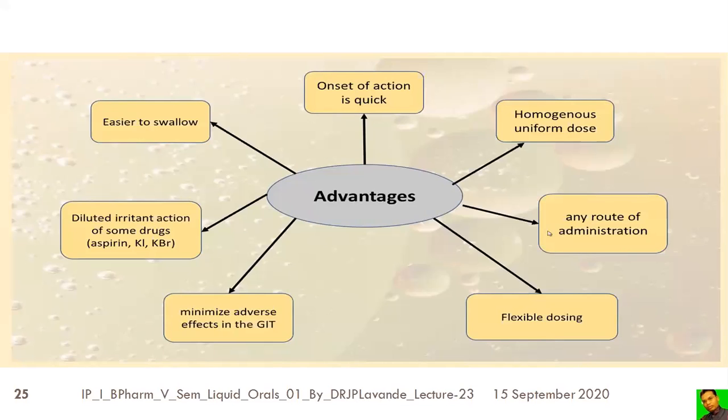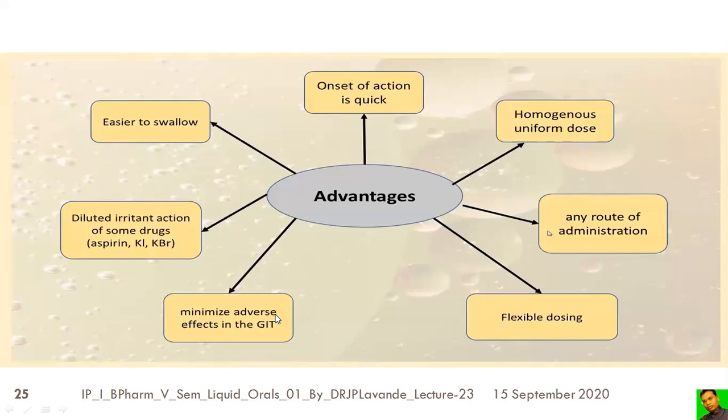These can be given by any route, isn't it? By the oral route, parenteral route, or topical route. They are associated with flexible dosing. We can take 1 ml, 2 ml, 3 ml, 5 ml, 10 ml based on requirement, based on necessity. So there is flexibility as far as dosing is concerned.